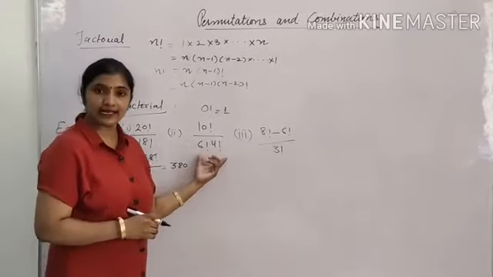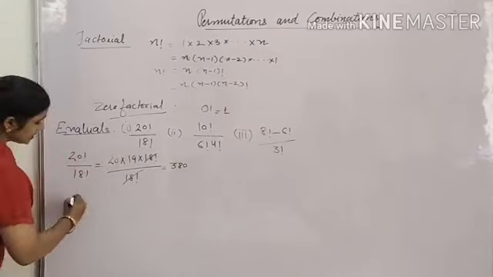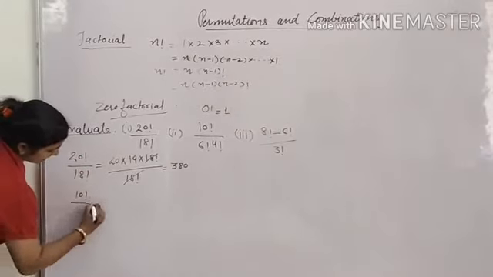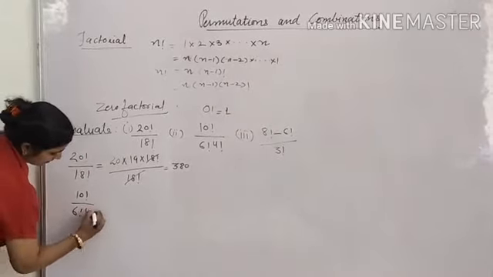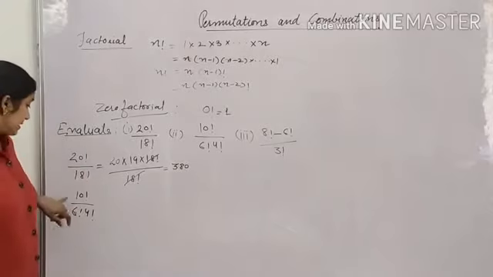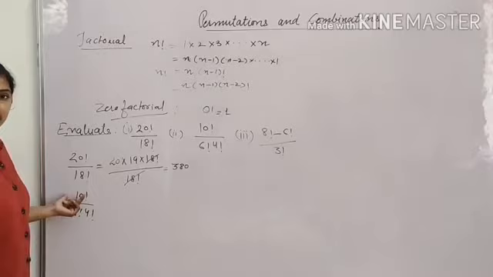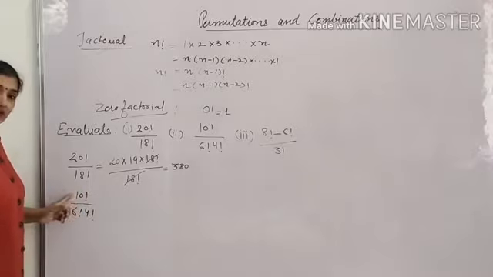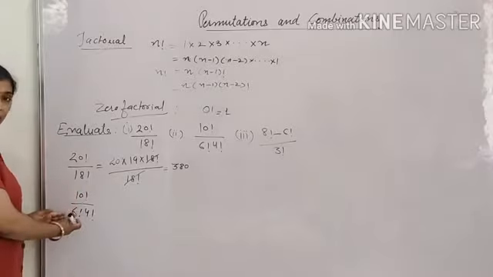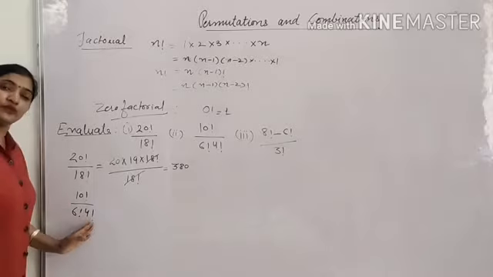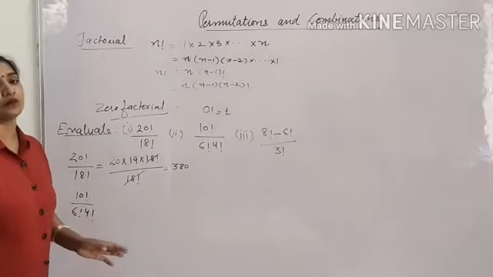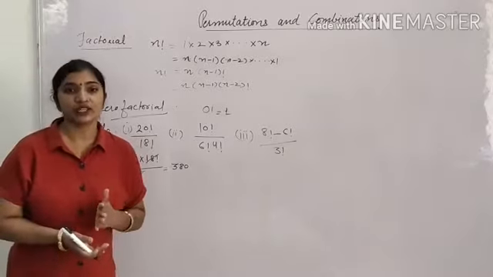Let's take the second example: 10 factorial by 6 factorial, 4 factorial. Again, the biggest among the three is 10 factorial. So we can reduce this 10 factorial up to 6 factorial or up to 4 factorial. Our main target is to make the calculations easy.